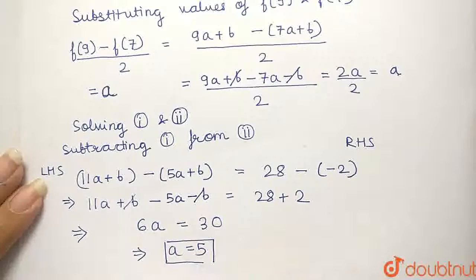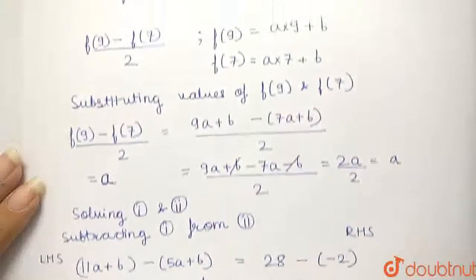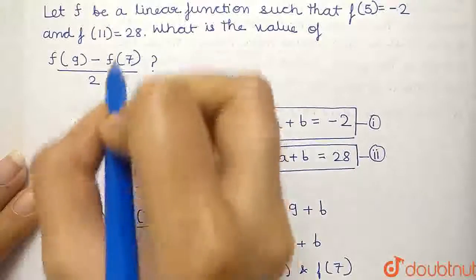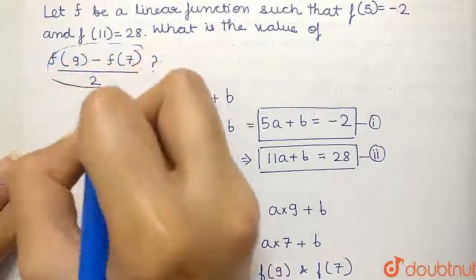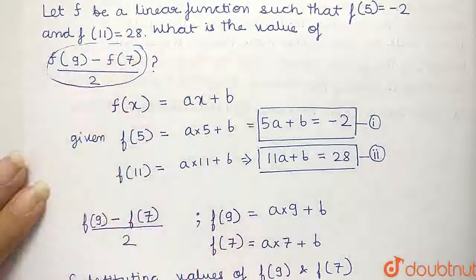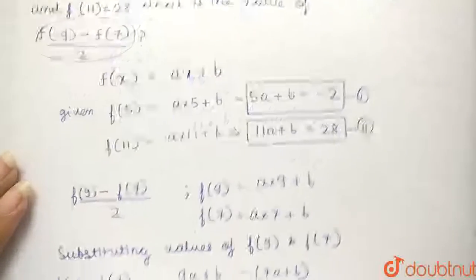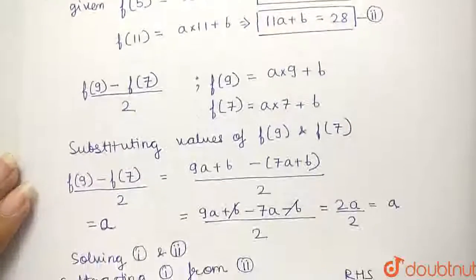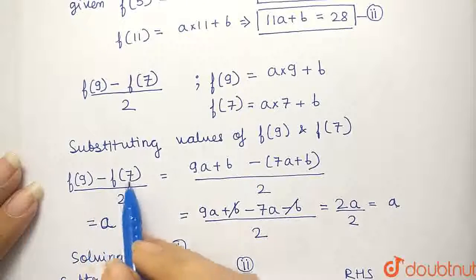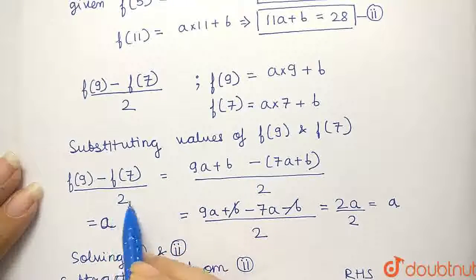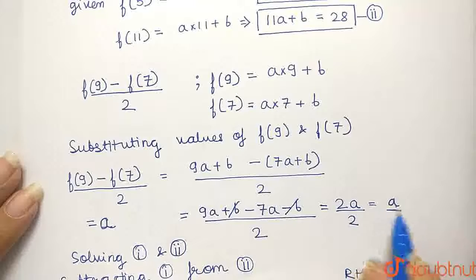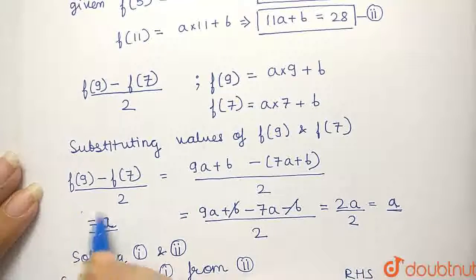According to the question, we had to find the value of this particular expression, and we derived just now that the value of f of 9 minus f of 7 divided by 2 is equal to a.